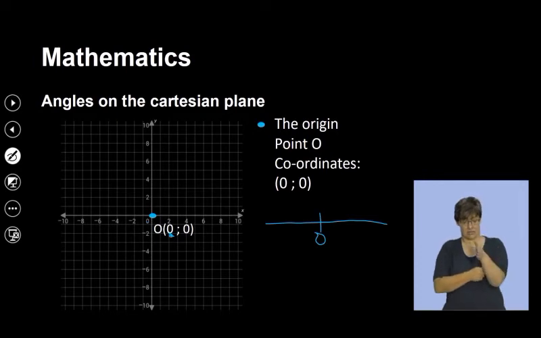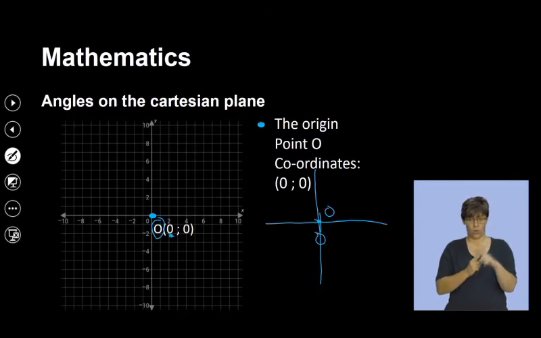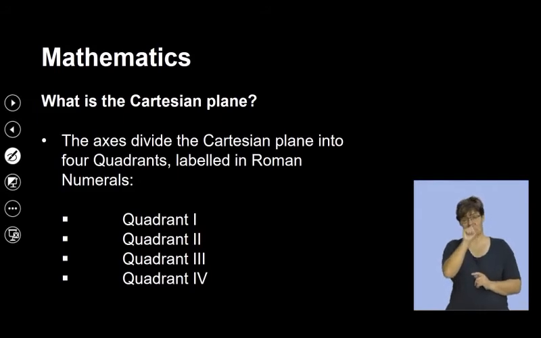The y-axis as well, if I draw a number line vertically, there by the center, it's also 0. Hence, it's 0 and 0. But this O is not really 0 as a number, it's O as a letter, which means origin. So please note that.